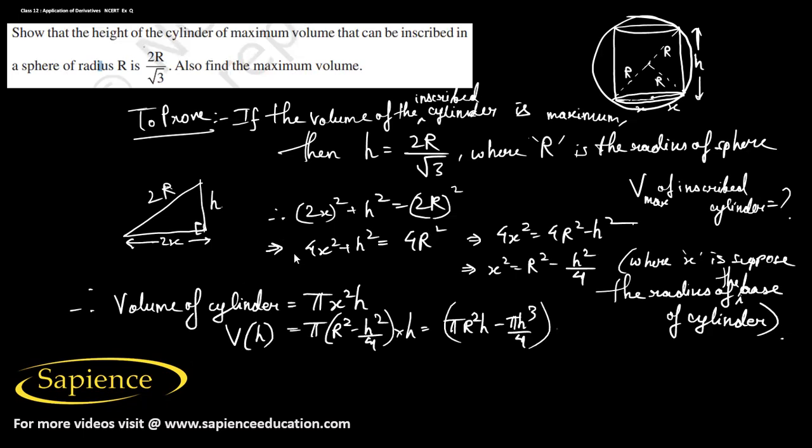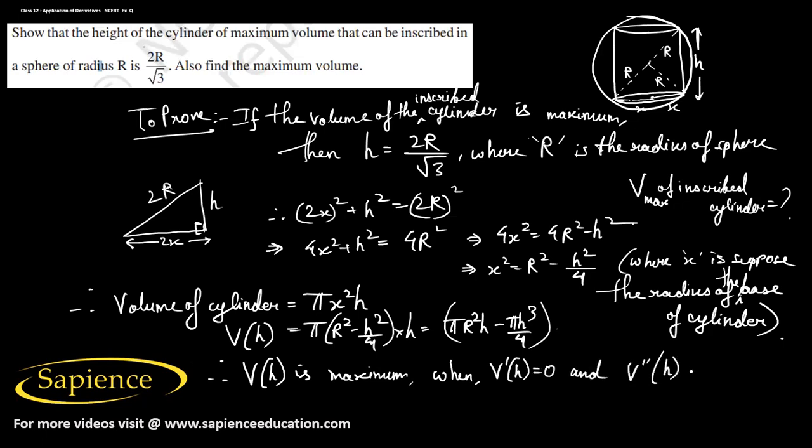So we need to find the maximum volume of the cylinder. Now, V of h is maximum when V dash h is equal to 0 and V double dash h is less than 0.